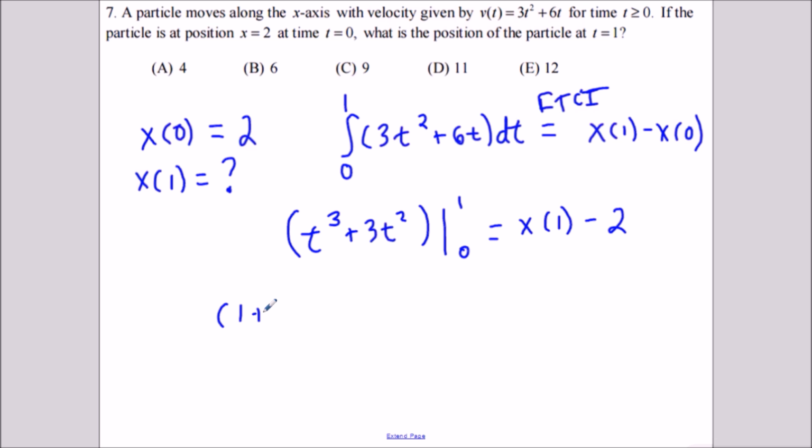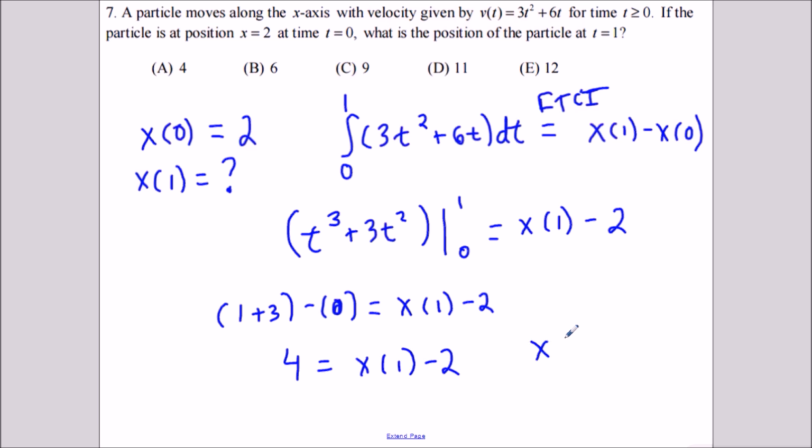This is going to be 1 plus 3 minus 0, and this is equal to x of 1 minus 2. So on the left-hand side, we're going to have 4, and that's equal to x of 1 minus 2, which tells us the position at 1, if we just add 2 to both sides, is equal to 6. So for question 7, we should have choice B.